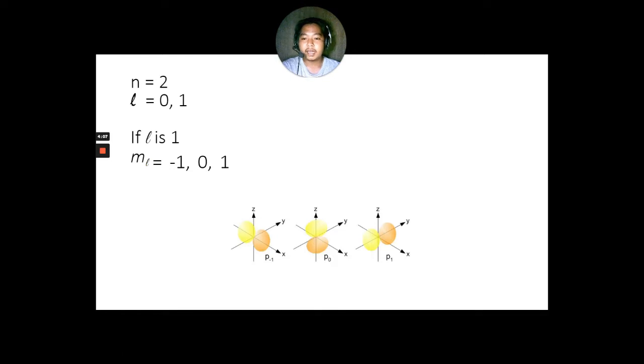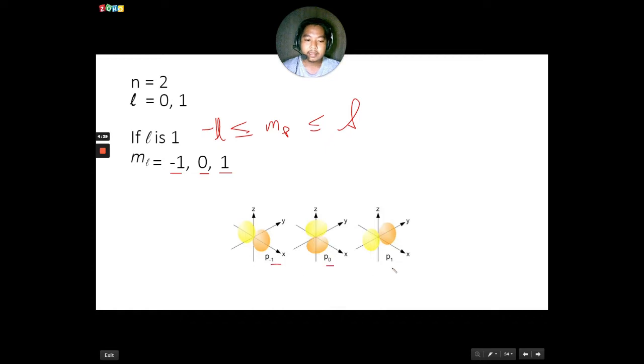If L is 1, this time, using the formula for ML, where ML is greater than or equal to negative L but less than or equal to positive L, that would be negative 1, 0, 1. These are the possible orientations of my orbitals.